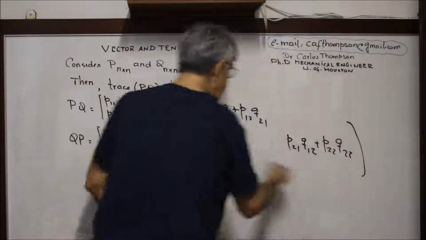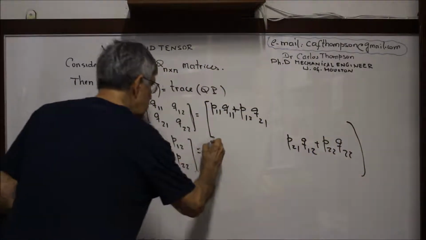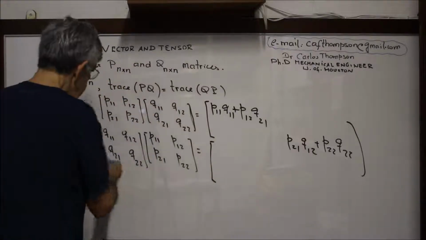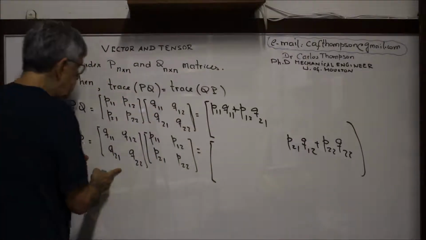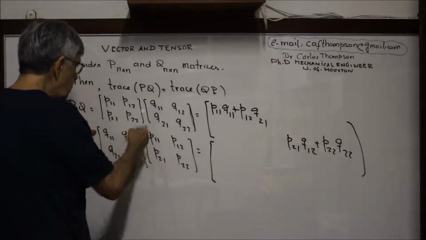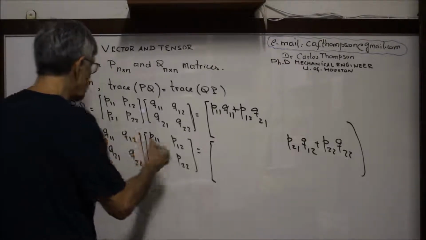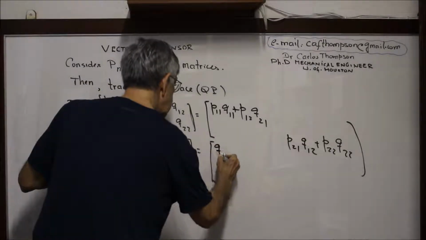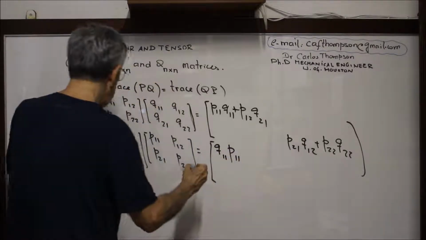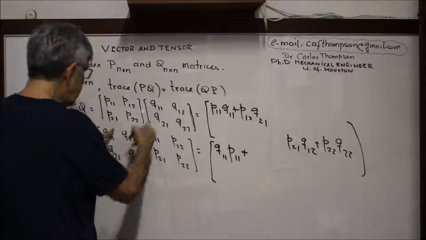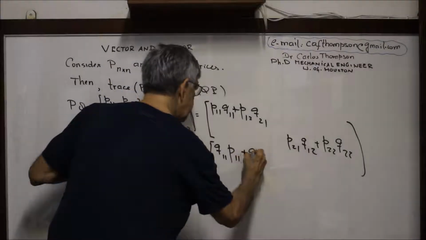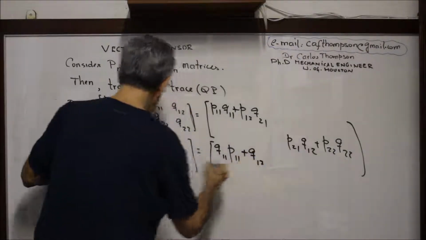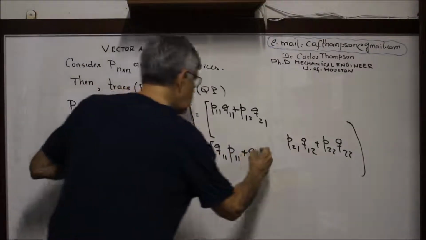Now, let's do the same procedure using Q times P. So first row, first column. So Q11, P11 plus first row, second column, Q12 times P21.